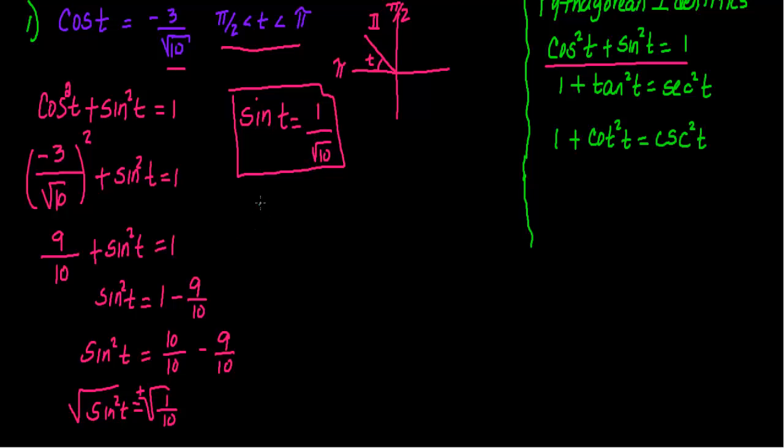But you can certainly go ahead and rationalize this by multiplying, and then you will have square root of 10 over 10. These values are equivalent, okay?